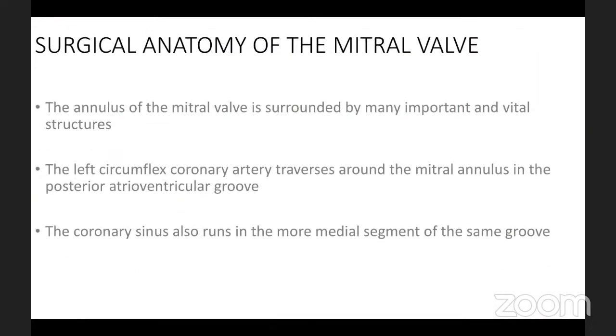The annulus of the mitral valve is surrounded by many important and vital structures, and this is important during mitral valve operation. The circumflex coronary artery traverses around the mitral annulus in the posterior atrioventricular groove. The coronary sinus also runs in the more medial segment of the same groove.